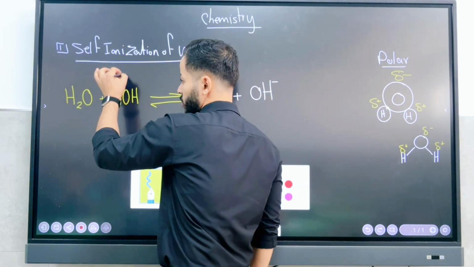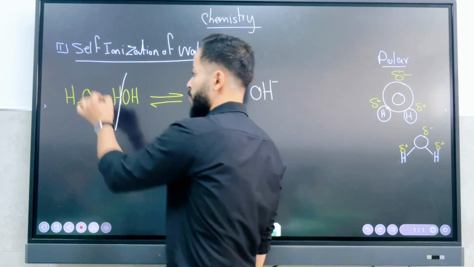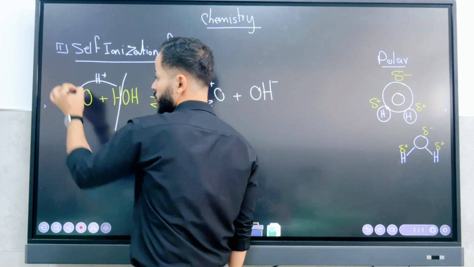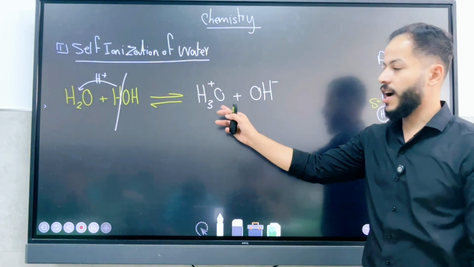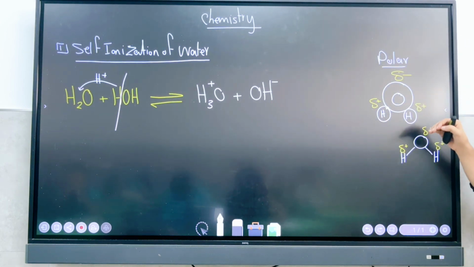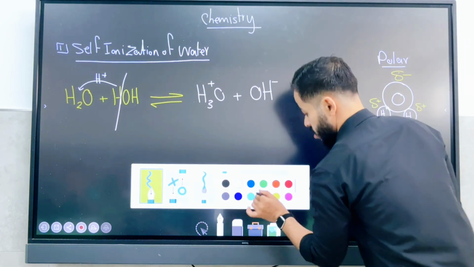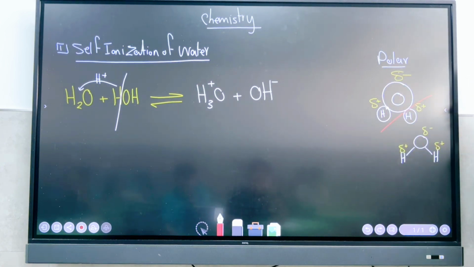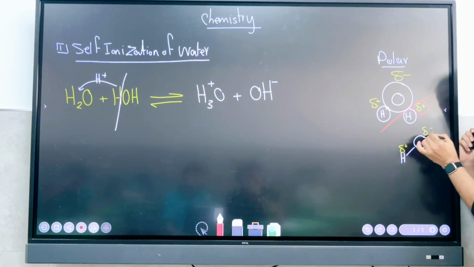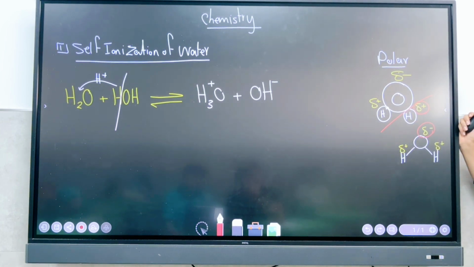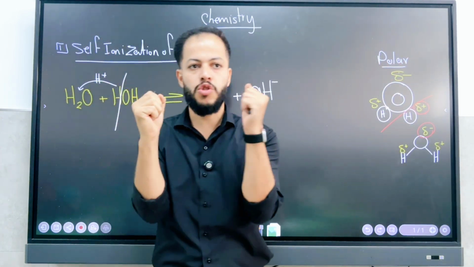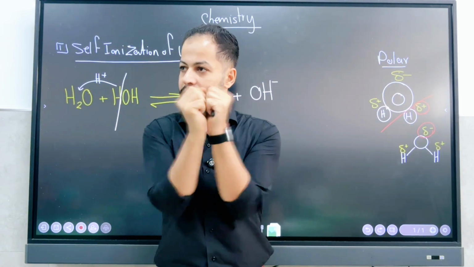The hydrogen atom here separates, forming a proton, H positive. And this proton is transferred to the water molecule attached to it, forming a hydronium ion. The question is, why did this happen? If you look at the polarity of the molecules, imagine this molecule is separating the hydrogen, the proton, and this proton is positively charged near another negative charge. So a positive charge near a negative charge, what happens? They attract each other, right?